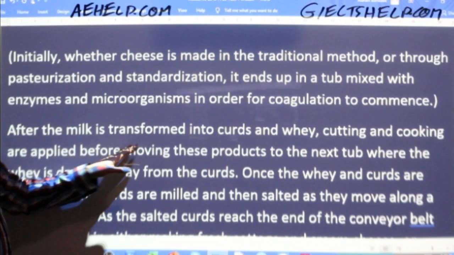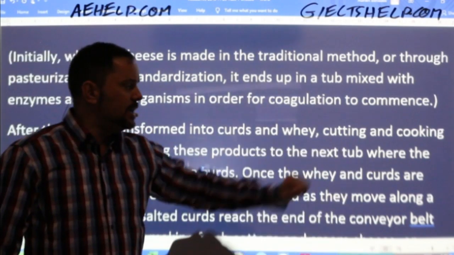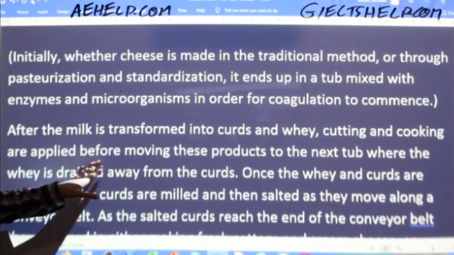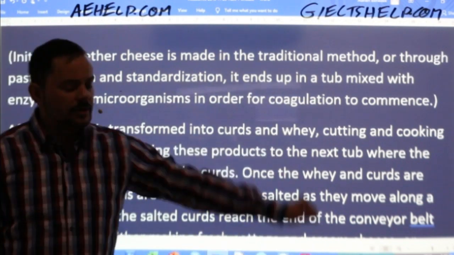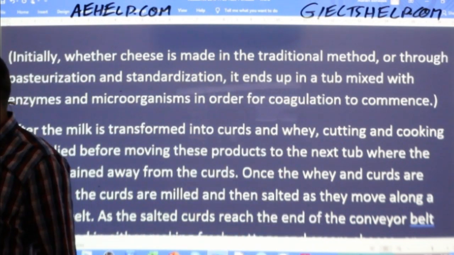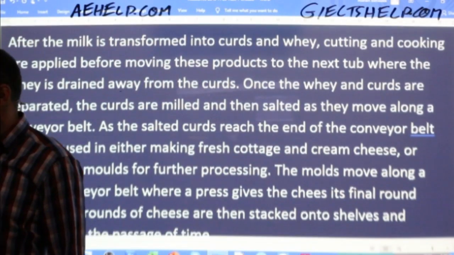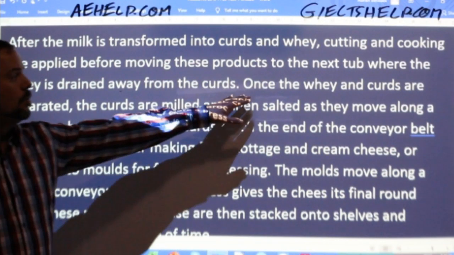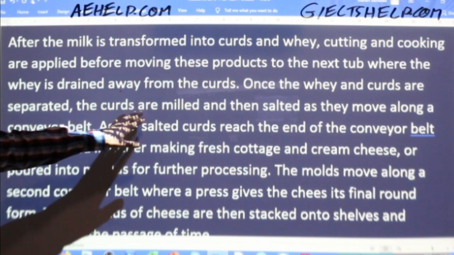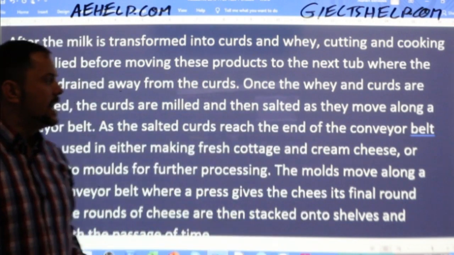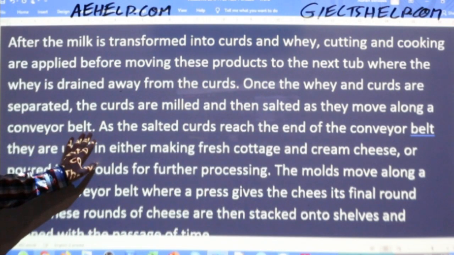After the milk is transformed into curds and whey, cutting and cooking are applied before moving these products to the next tub where the whey is drained away from the curds. Once the whey and curds are separated, the curds are milled and then salted as they move along a conveyor belt.